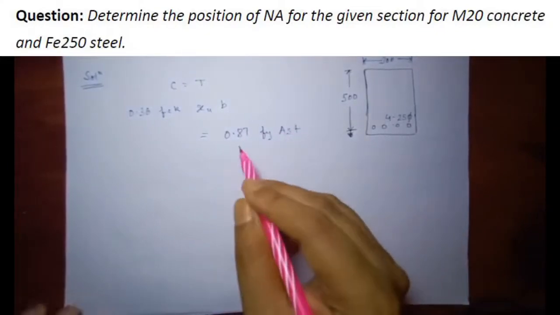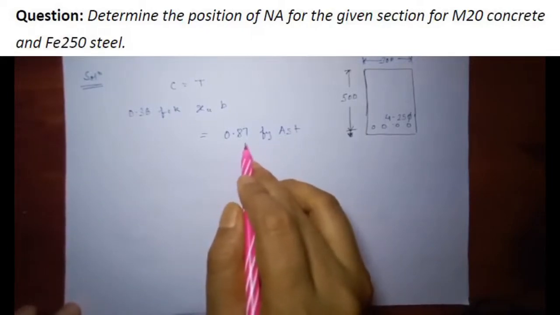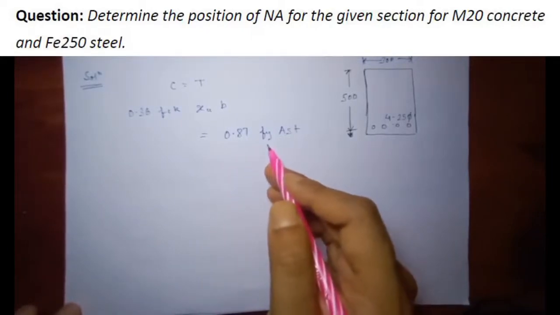This is the simple equation we need to write for getting the neutral axis value, that is XU.